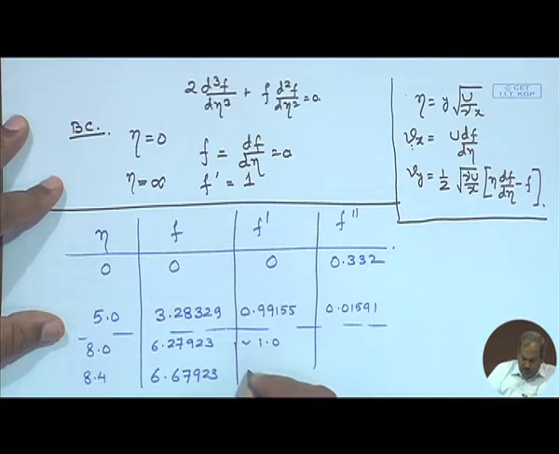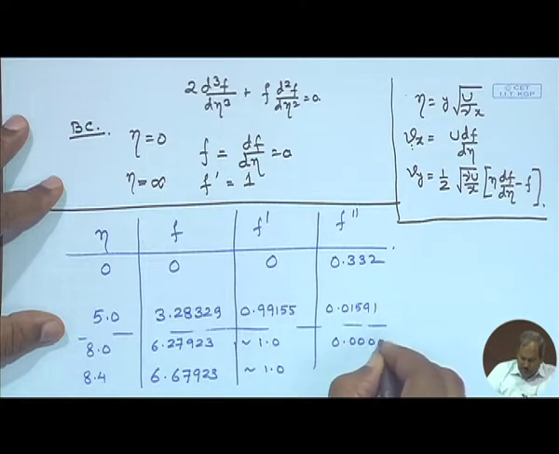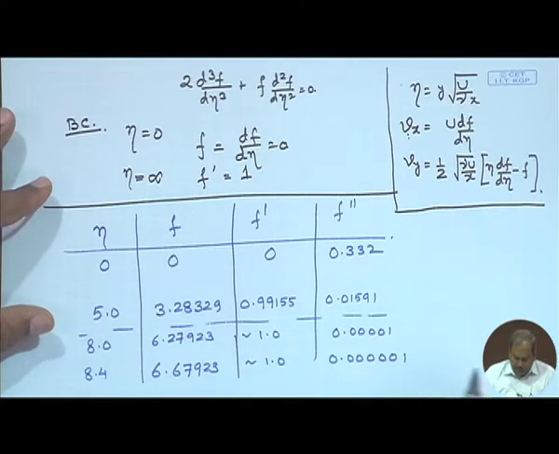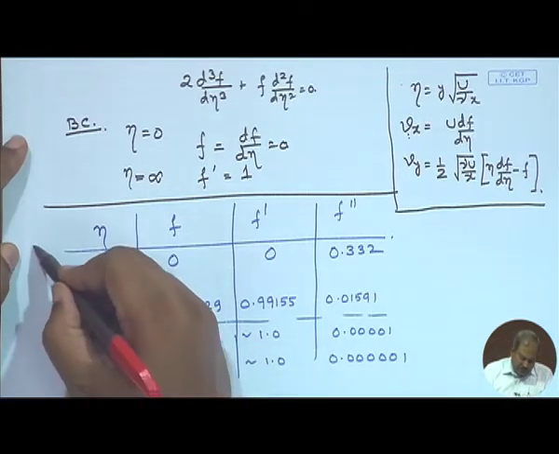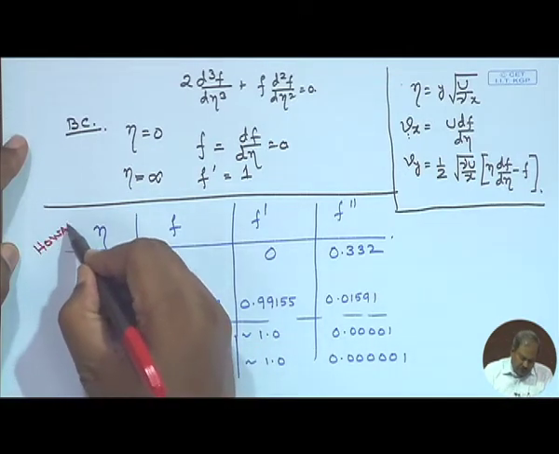Almost 1, this is almost 1. Let's look at these values. These are from the numerical solution of Howarth.